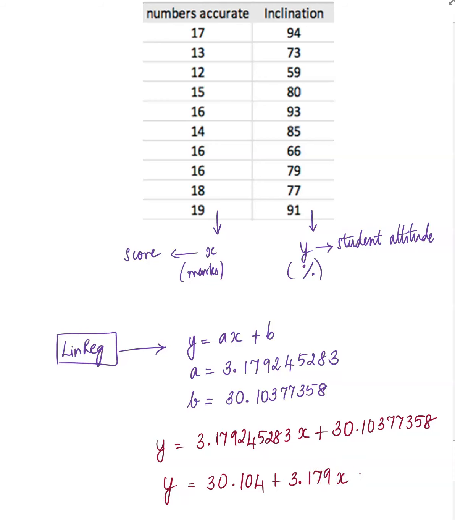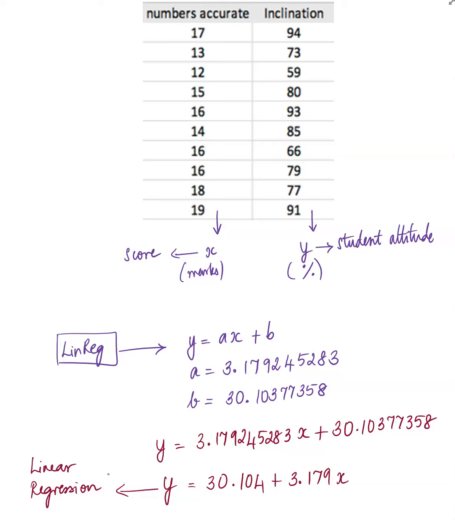And this is your linear regression equation. That's the LinReg. This is your linear regression. Okay? So the calculator makes it so easy for us. The actual calculation, the formulas are really, really tedious.